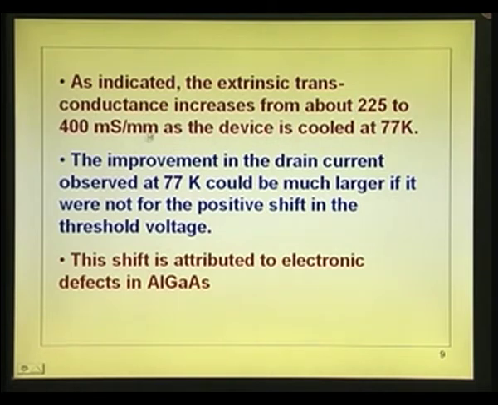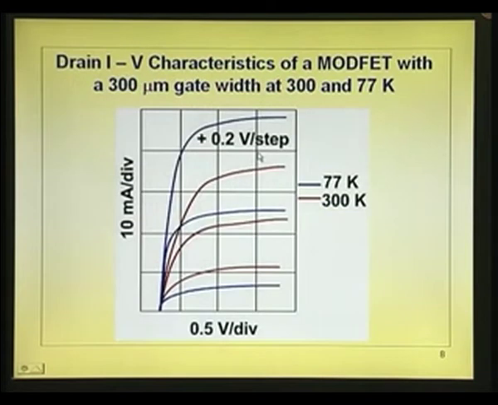Now, the improvement in the drain current. One more thing I want you to notice here, which I have not listed in the slide, is the characteristics at this portion.